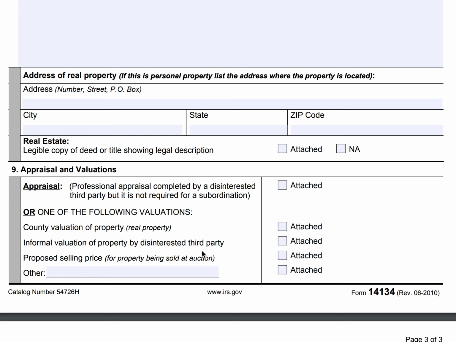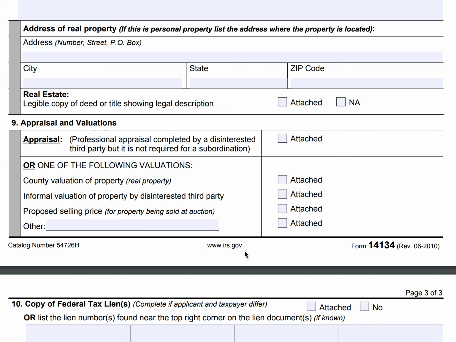You can look that up in county records. If you had a real estate agent that gave you a comparable market analysis known as a CMA that kind of outlines how much your house might be worth, that would probably be acceptable, again, as long as they're a disinterested, impartial third party.